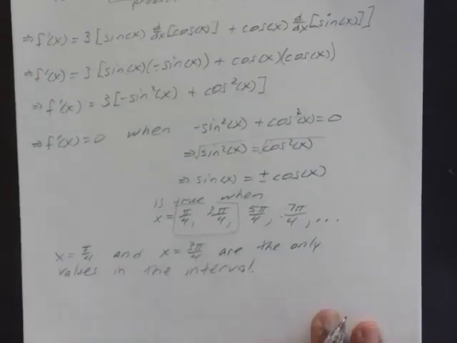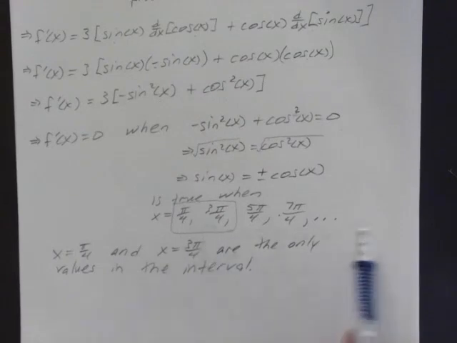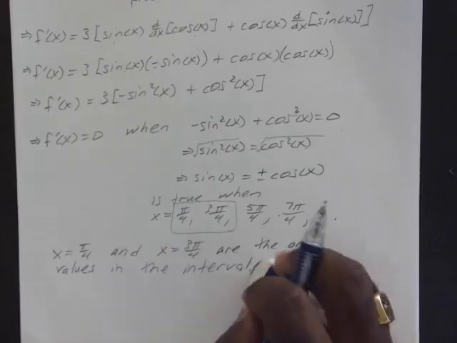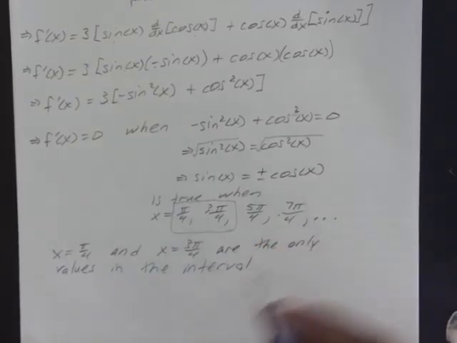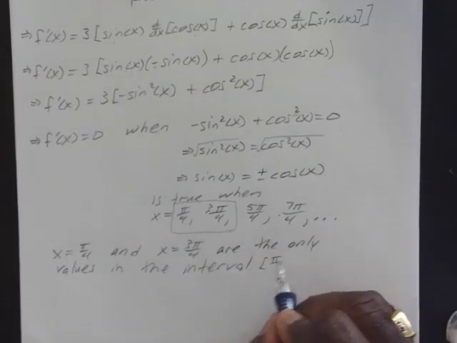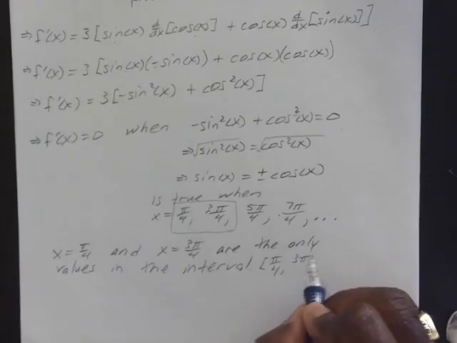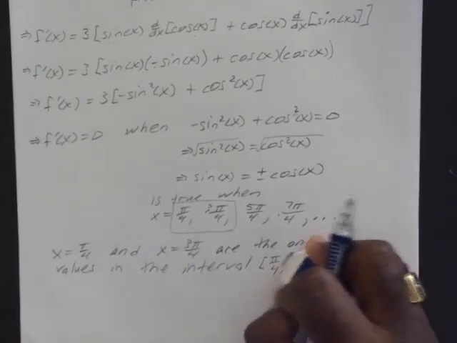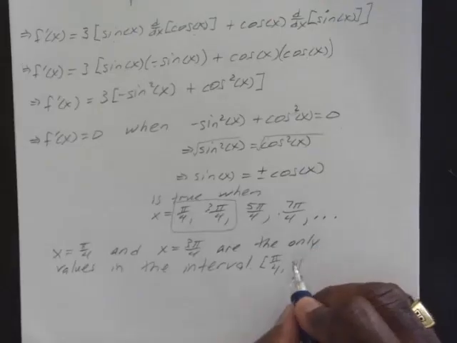If we didn't have that interval, we literally could go on like that forever. And I'll put the interval right next to it: pi over 4 to pi. There we go.